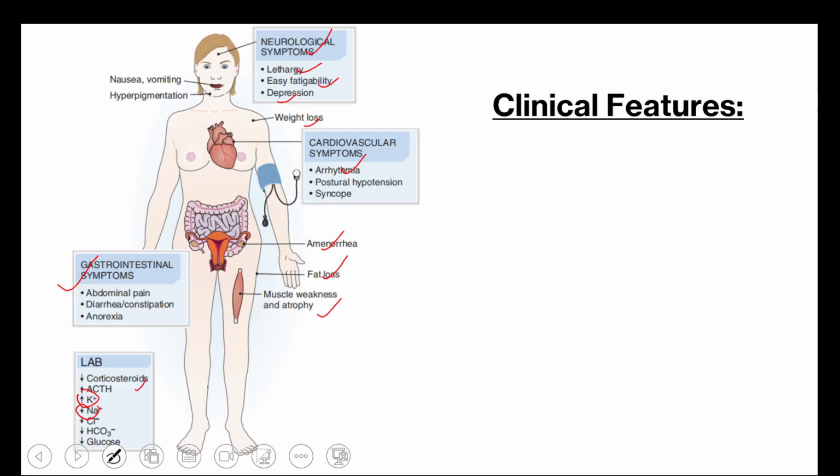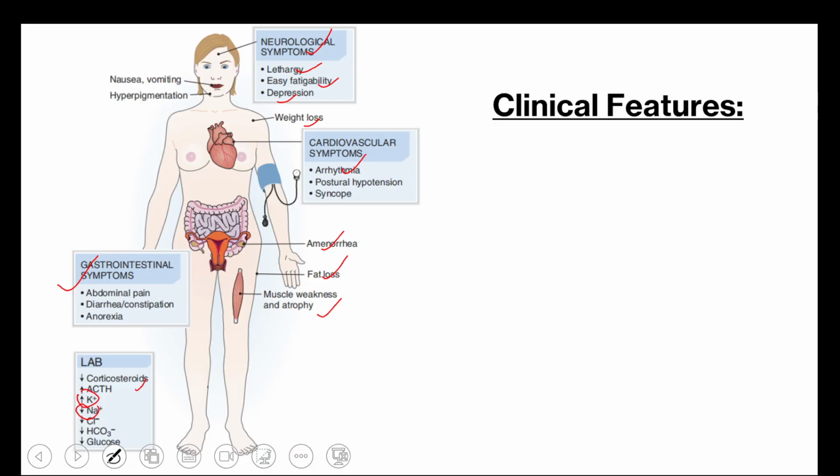so that results in hypotension. And also the chloride level decreases, bicarbonate level decreases, and the glucose level also decreases, because glucocorticoids, that means especially cortisol level, will also be low in Addison disease, because the enzymes are also affected.